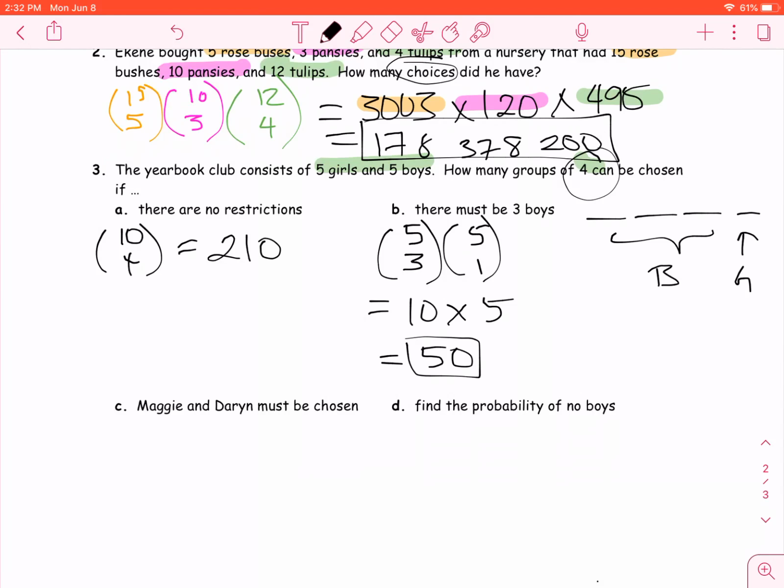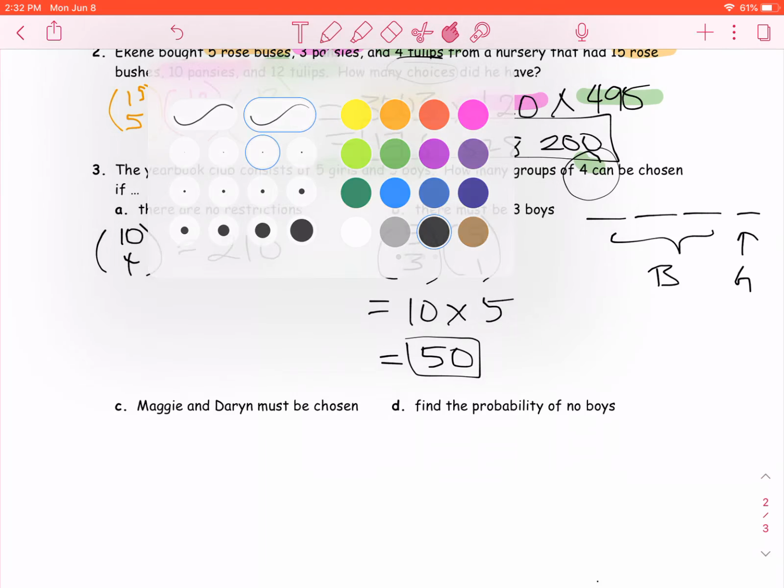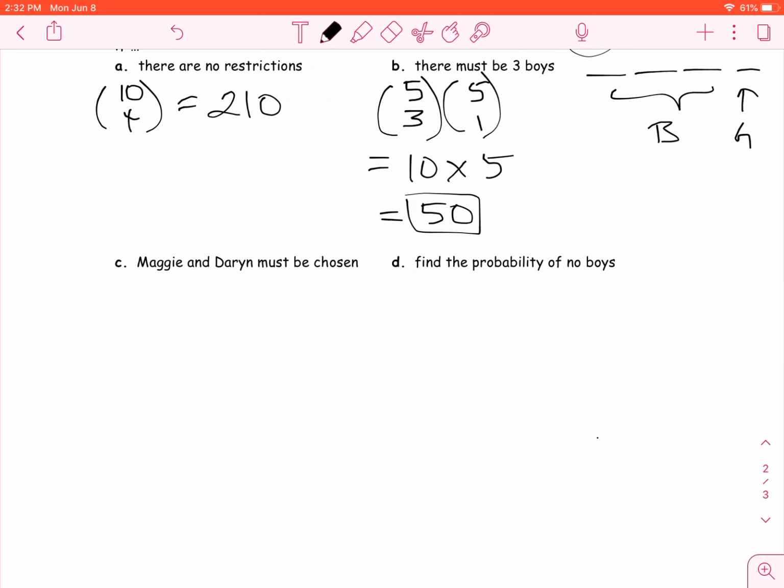Maggie and Darren must be chosen in this situation. So there's 10 members, and if they have to be chosen, that's really 8 remaining, right? And then we're choosing 2.